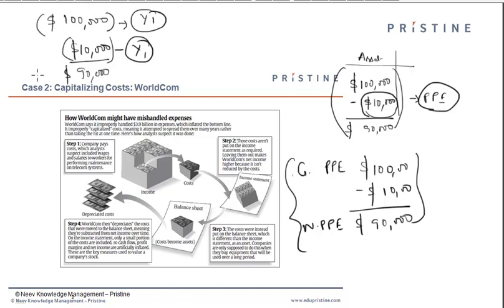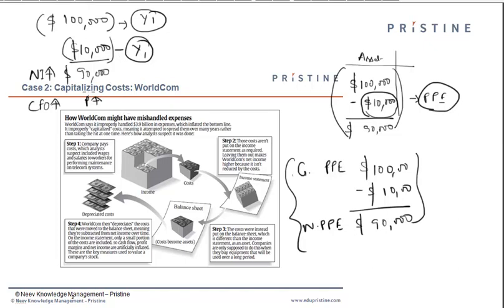So naturally, the net income went up by $90,000 in year one. And this affected the cash flow, profit and margins, and the net income in the first year. And since the net income increases, the cash flow from operations also increased. And hence, the share price of WorldCom also increased.